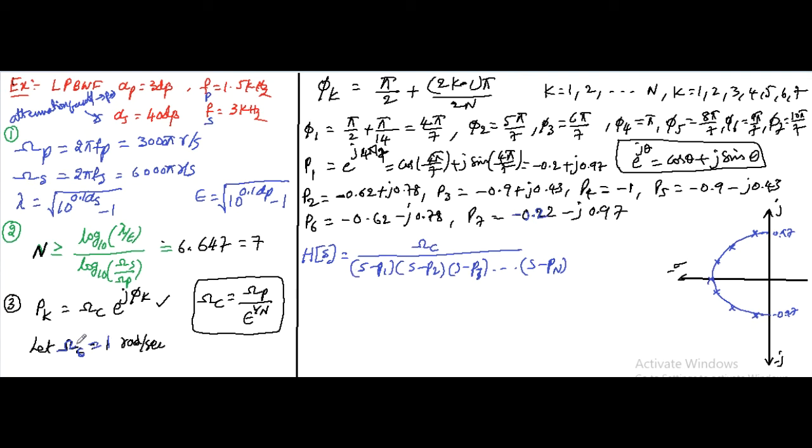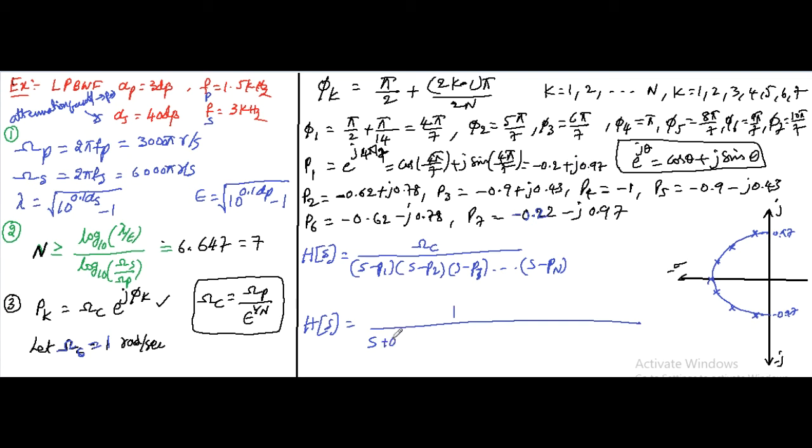So already we have assumed omega c is 1 radian per second. Then the final analog transfer function is 1 by, because here I have assumed omega c is 1, (s minus p1). So p1 pole is minus 0.2 plus j 0.97.